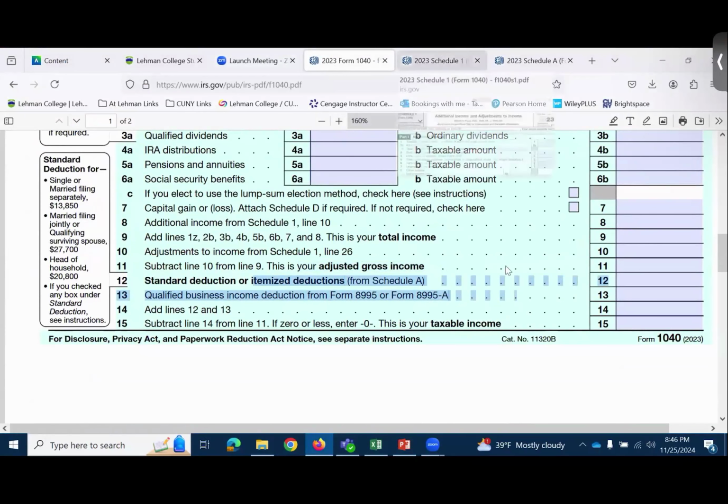This chapter is mainly going to deal with personal expenses. Adjustments to income are the deductions on Schedule 1, and then our Schedule A.